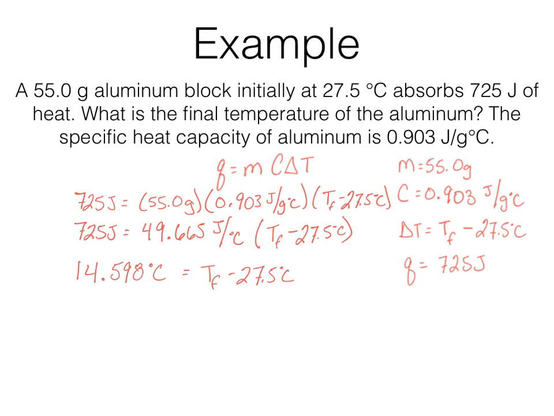And so take 14.5 plus 27.5 gives me TF should be 42.1 degrees Celsius.